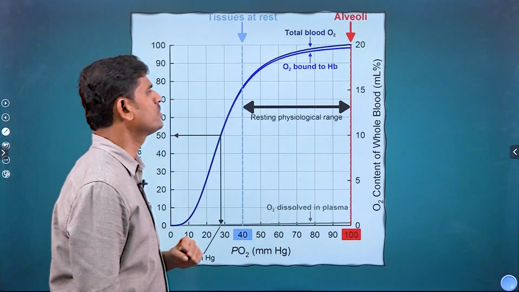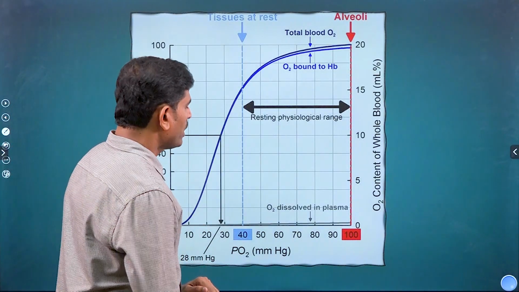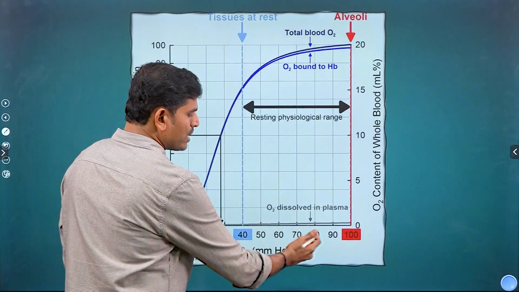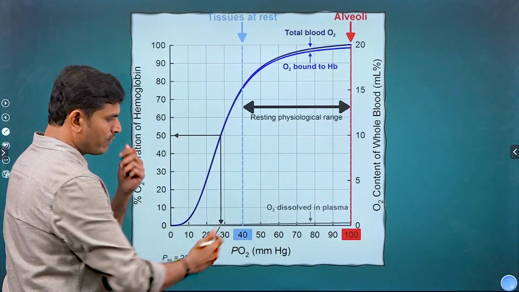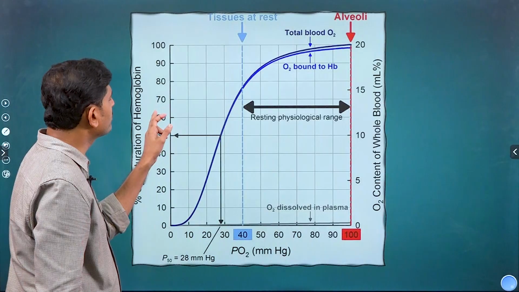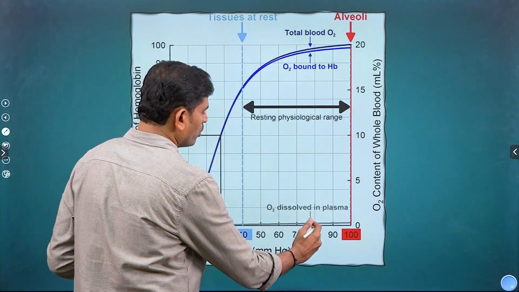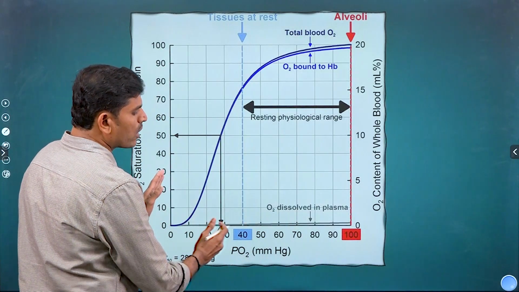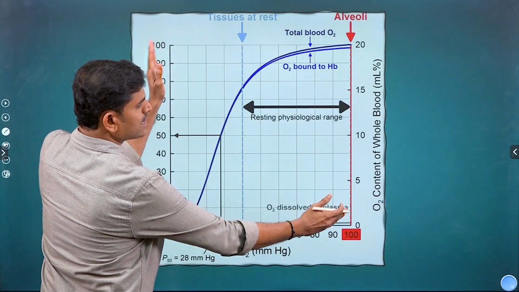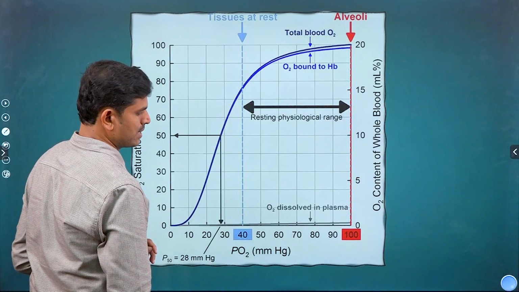See this one. This is important for us. So here, as usual, we take partial pressure of oxygen and here percentage of saturation of hemoglobin. When oxygen partial pressure increases gradually, the percentage of saturation of hemoglobin also increases, both increase. Okay.